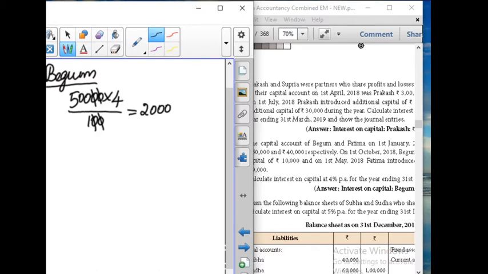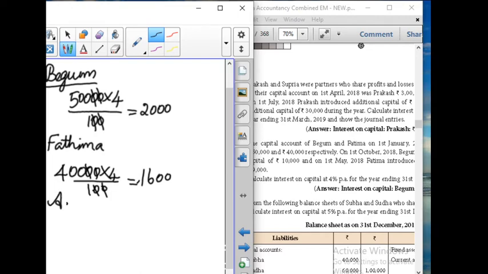Next, Fatima, 40,000 into 4 divided by 100, 0, 0 cancel, 1,600.